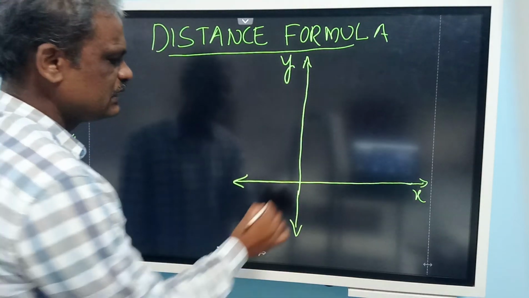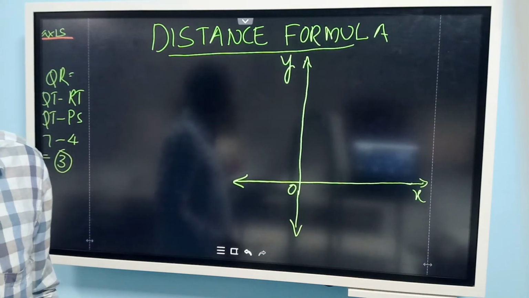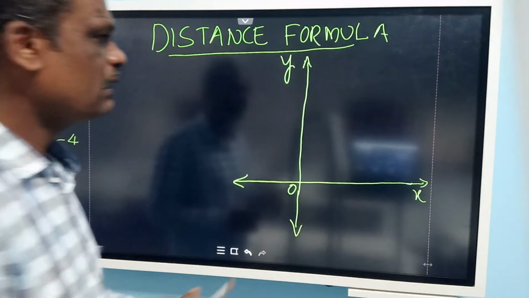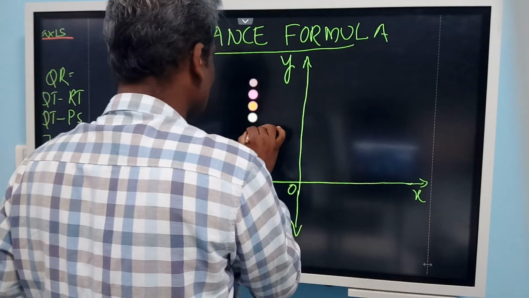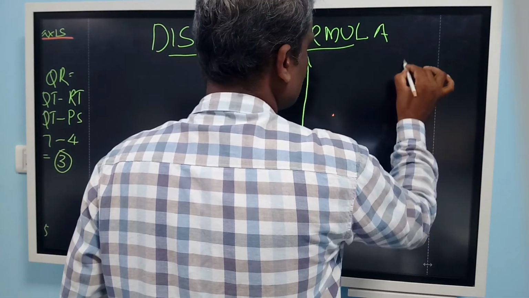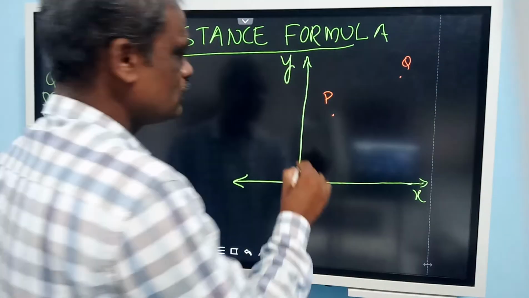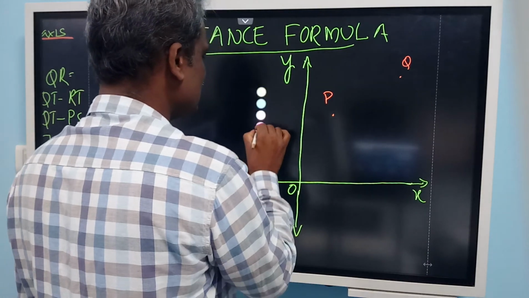Okay. So this is origin. So now I am going to locate the points on this plane. I am going to select 2 points on this plane. So point P here, point Q here. This is point P and there is point Q. So I am going to join those points by a straight line.